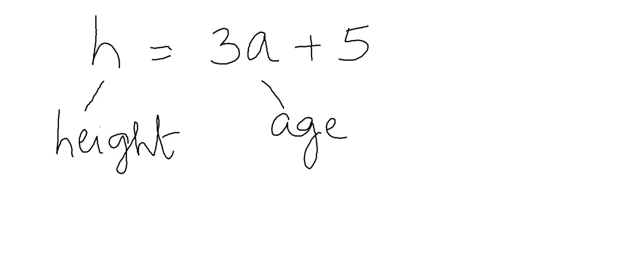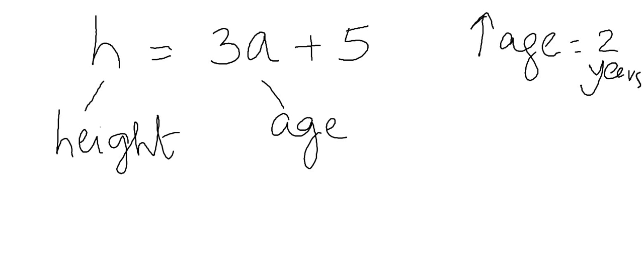The question says if the age increases by 2 years, what is the increase in height? So there are lots of questions that talk about increase or decrease in a variable and how it impacts the other variable, right?